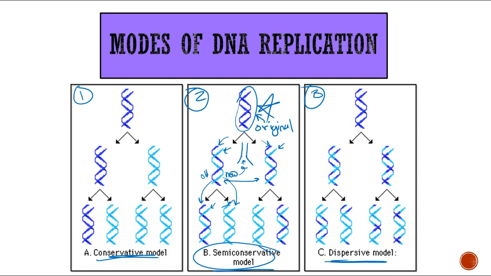Now, the two models that are incorrect are, first, the conservative model, which is incorrect for obvious reasons. In this model the old strand basically sits there and is copied from a distance, meaning the entire old strand goes to the left in this diagram, and this entire new strand is produced by looking at the old strand.